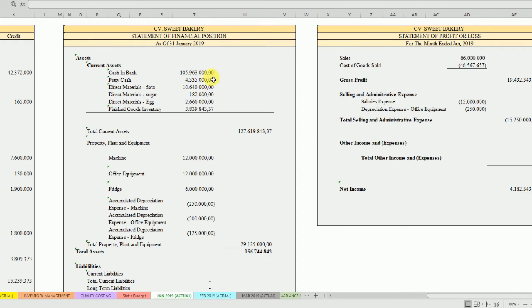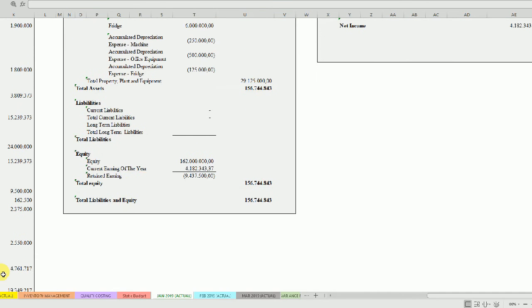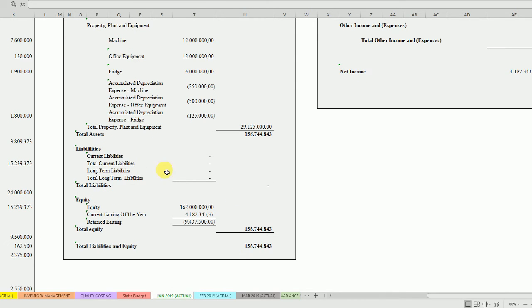It shows this nominal, and also the other accounts: petty cash, direct materials of flour, sugar, egg, finished goods inventory, machine, office equipment, fridge, and accumulated depreciation, liabilities, equity, current earning of the year, retained earning. And we could see the total assets and the total liabilities and equity are balanced.